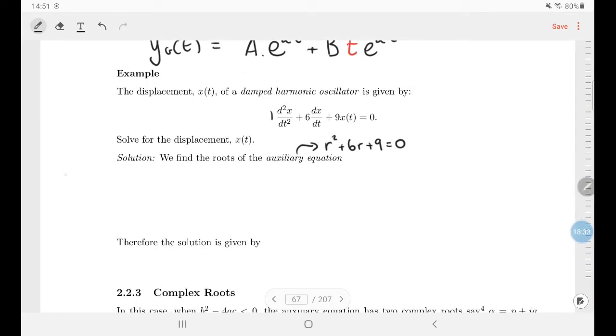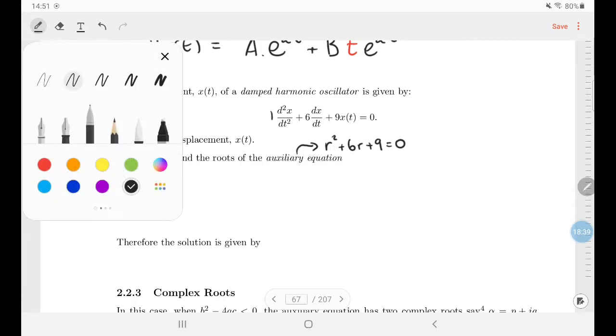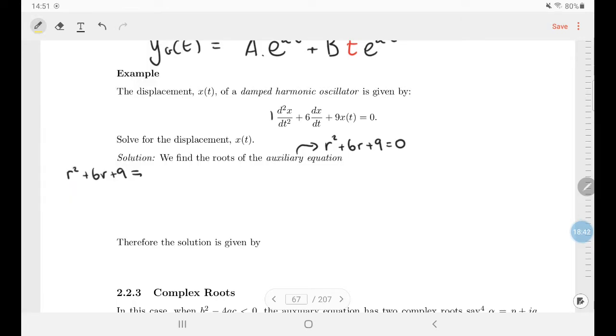So off we go. r squared plus 6r plus 9, let's factorize this. We'll use the AC method. You multiply the a by the c, the 1 by the 9 is 9. You look at all the factors of 9: 1 by 9, 2 doesn't go, 3 by 3. Can you make up the 6r using a pair of those? Yes.